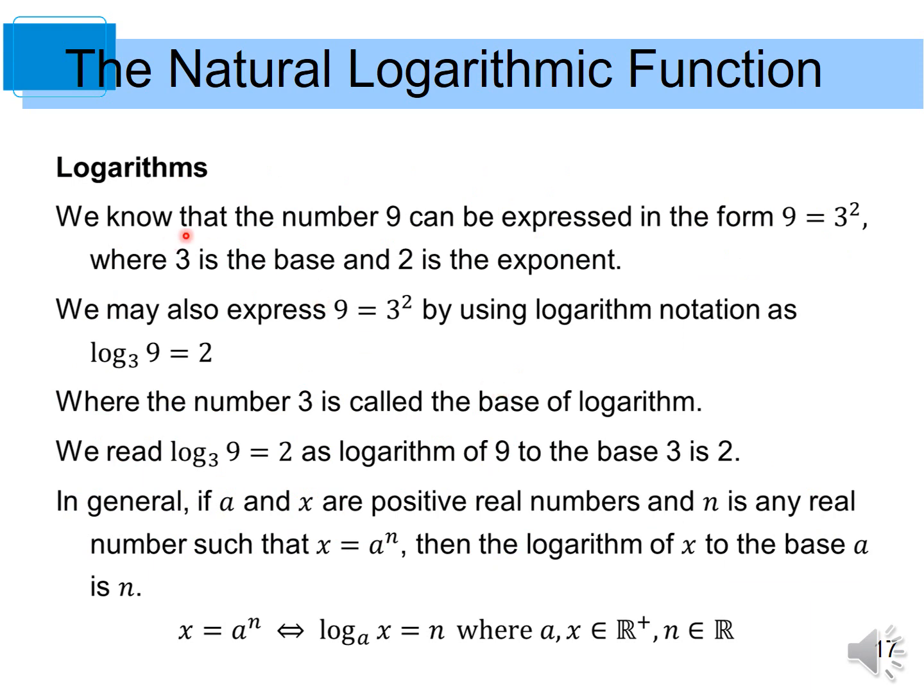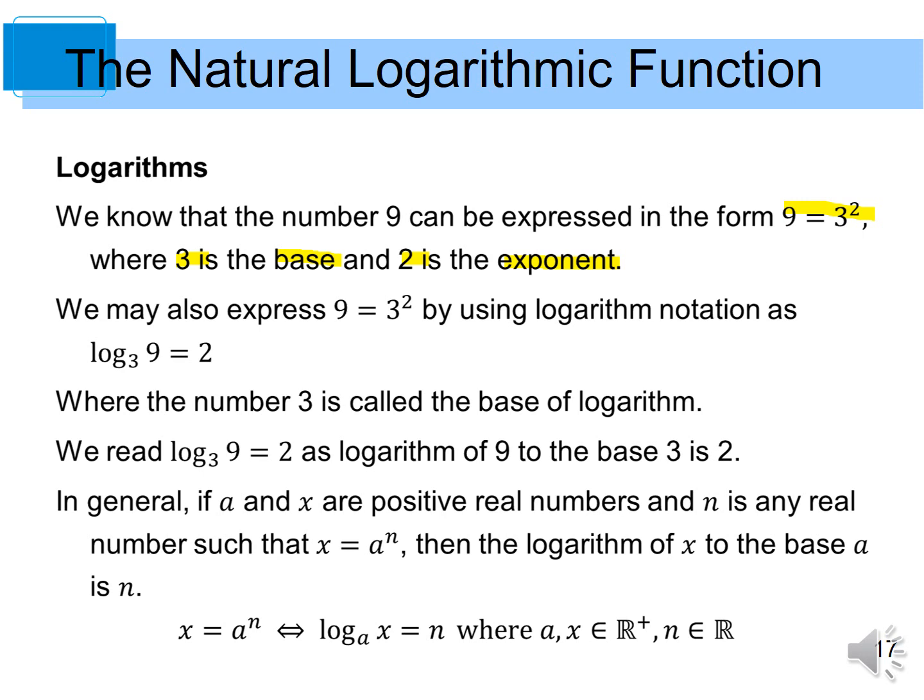Logarithms. We know that the number 9 can be expressed in the form 9 equal to 3 to the power of 2, where 3 is the base and 2 is the exponent.